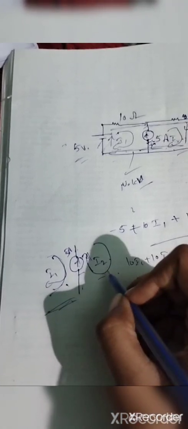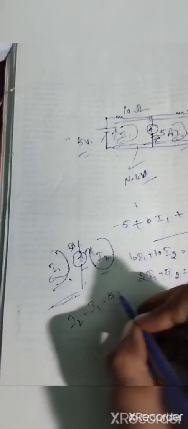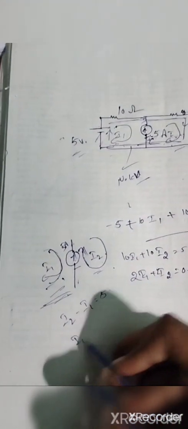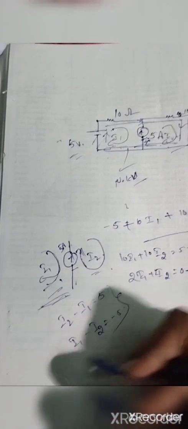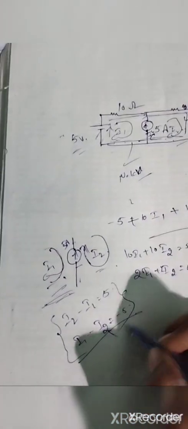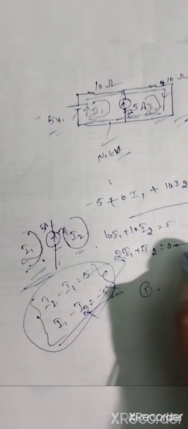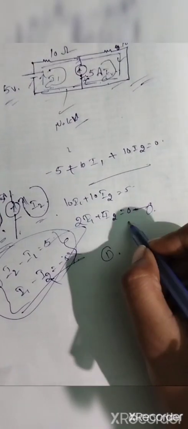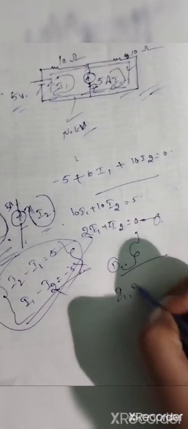So for the second loop, the equation becomes I2 minus I1 equals 5. For the first loop, it becomes I1 minus I2 equals minus 5. We can take either of these two relations. So with this relation and the other equation, by solving the two equations we can get the I1 and I2 values.